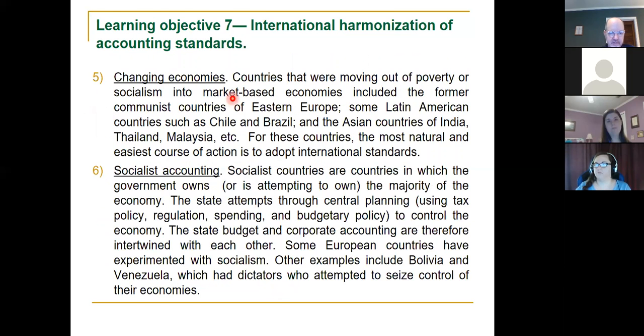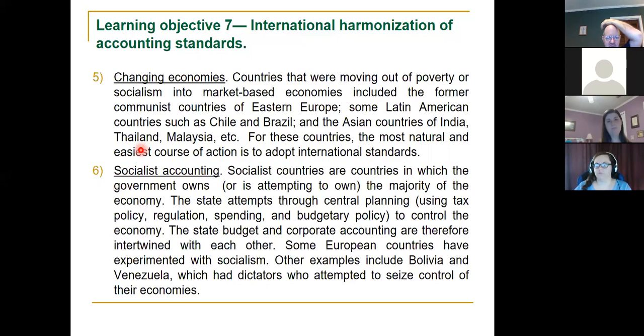Changing economies. Countries that were moving out of poverty or socialism into market-based economies included the former communist countries of Eastern Europe, some Latin American countries such as Chile and Brazil, and the Asian countries of India, Thailand, Malaysia, etc. For these countries, the most natural and easiest course of action is to adopt international standards.